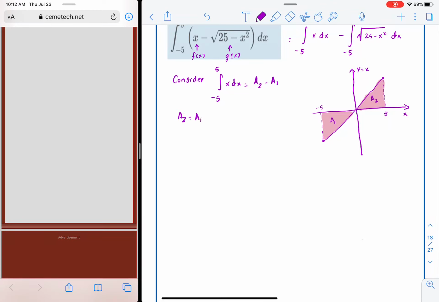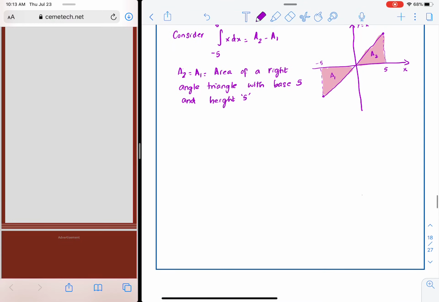A2, A1 both correspond to the area of a right-angled triangle with base 5 and height 5. We know that the area of a right-angled triangle is 1/2 base times height.